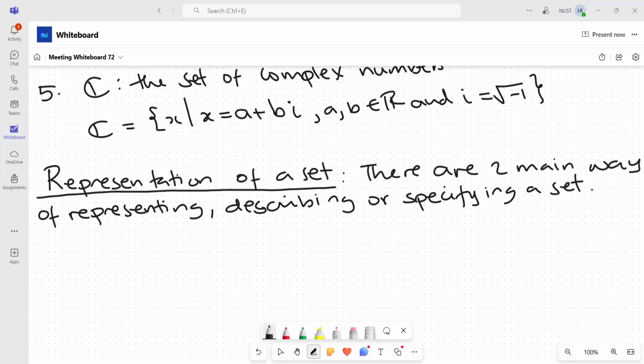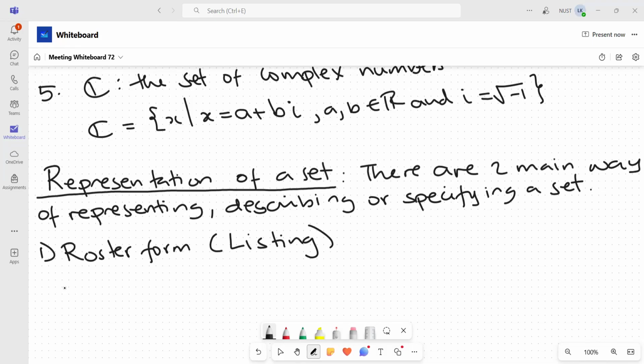Okay, so the first way is what we call the roster form. So this is roster. Okay, and this is basically just the listing. Okay, so like with our set of vowels in the English alphabet, if I were to write that in roster form, I would just list them A, E, I, O, and U. Just list them.